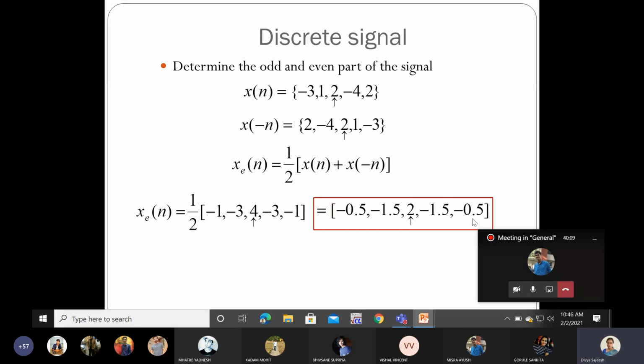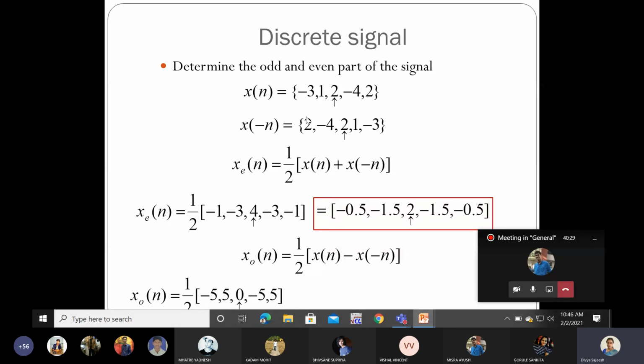Now similarly, let us find out the odd part of the signal x of n. It is half of x of n minus x of minus n. So while you are doing that, you have to do the subtraction instead of addition. So minus 3 minus 2 will be minus 5.